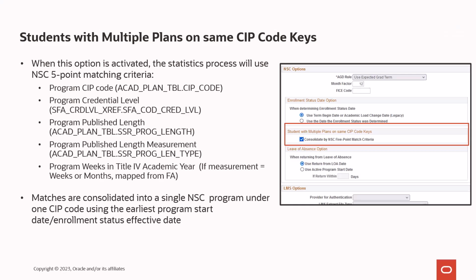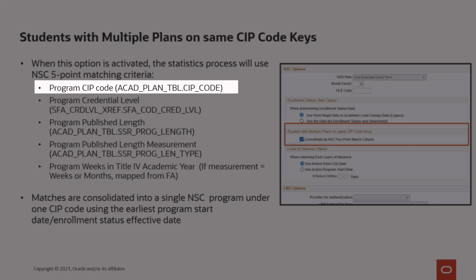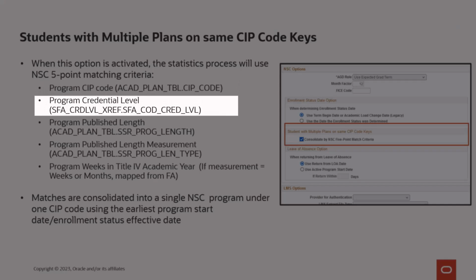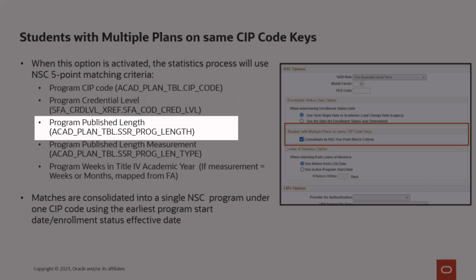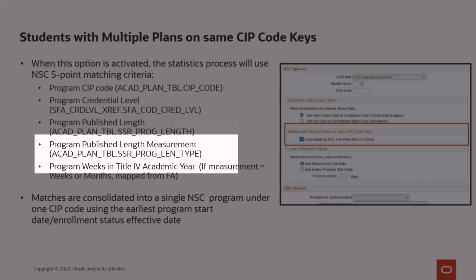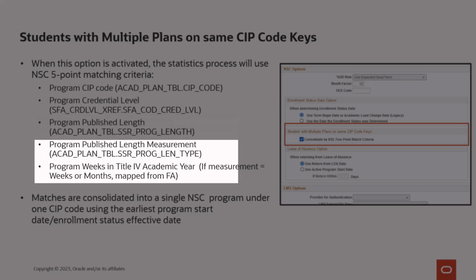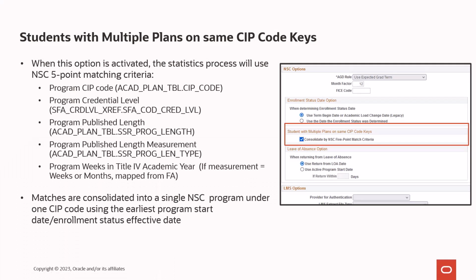When this option is enabled, the process looks for matches on the following 5 attributes: program zip code, program credential level, program published length, program published length measurement, and program weeks in Title IV academic year. If a student has 2 or more plans where all of the values are the same, these plans will be reported as a single program under one zip code, using the earliest program start date and enrollment status effective date.